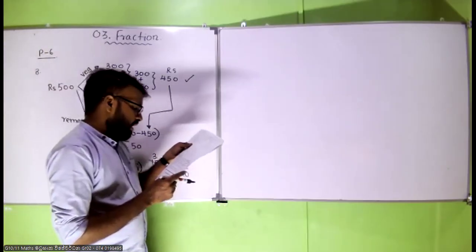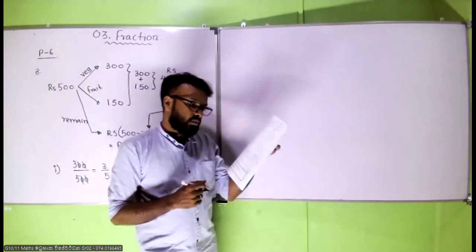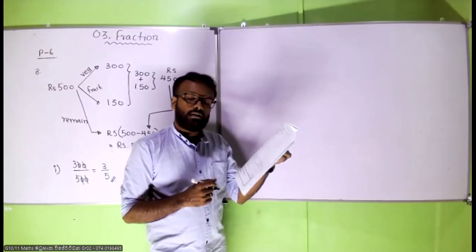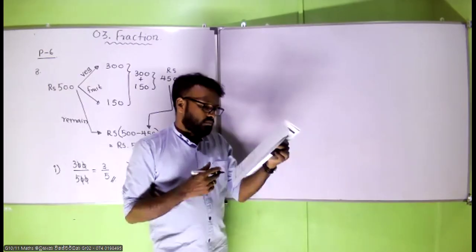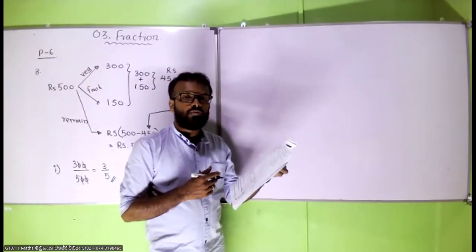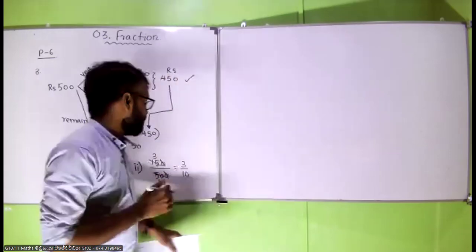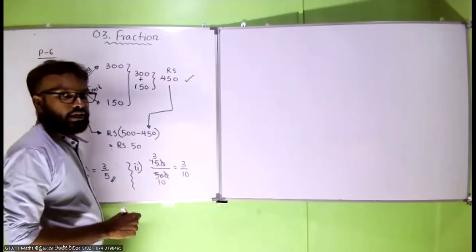If she had planned to save 1 upon 4 of the money she had taken to the market, was she able to fulfill her plan? Could she be able to save 1 upon 4 of the money at the end of buying all the things? So we need to find the remaining in her hand.